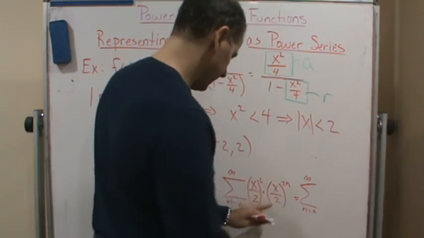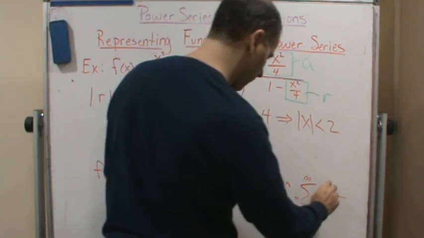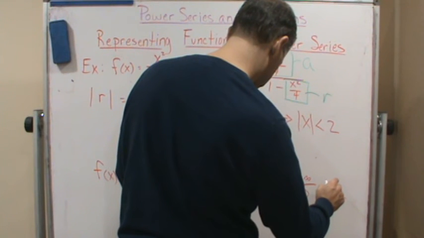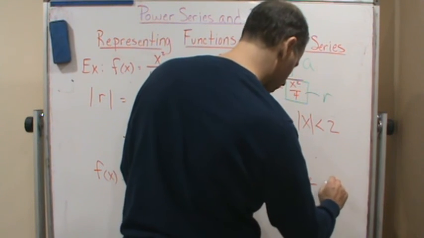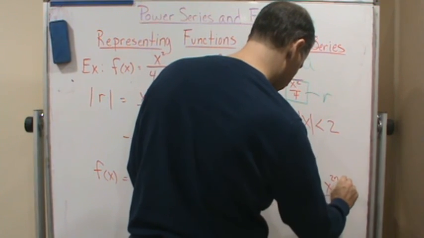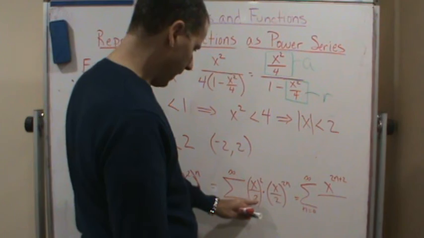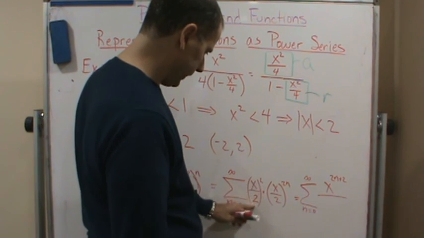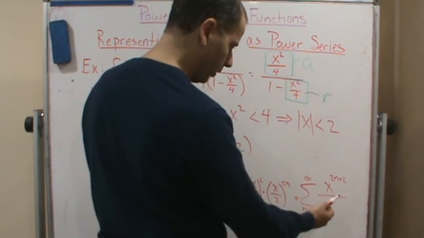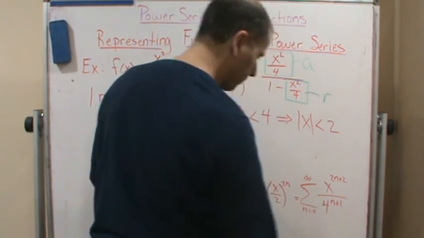If we combine these, the top is going to become x to the 2n plus 2, and on the bottom we'll have a 4, because it'll be 2 to the 2n plus 2, but we can write it as 4 to the n plus 1.